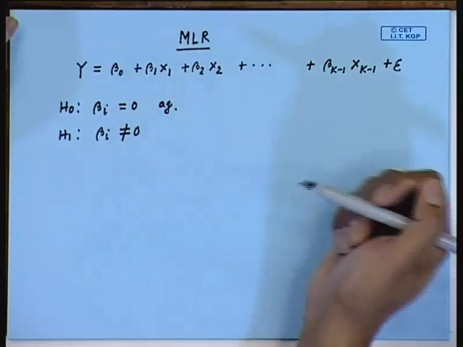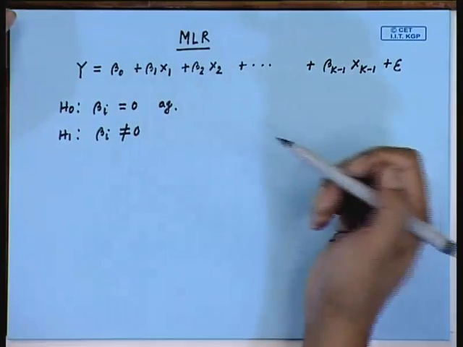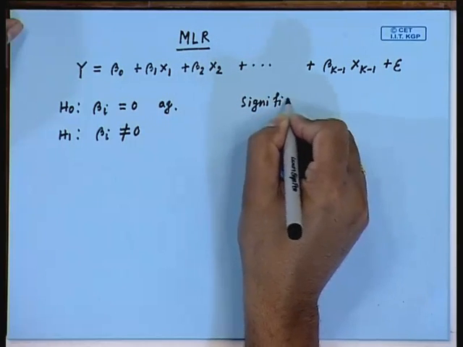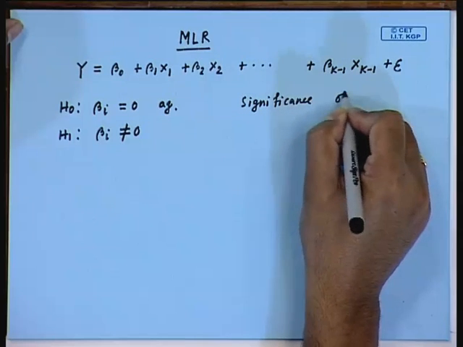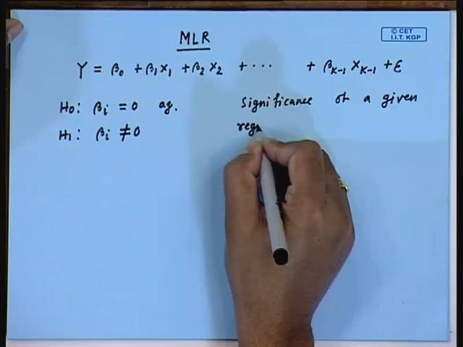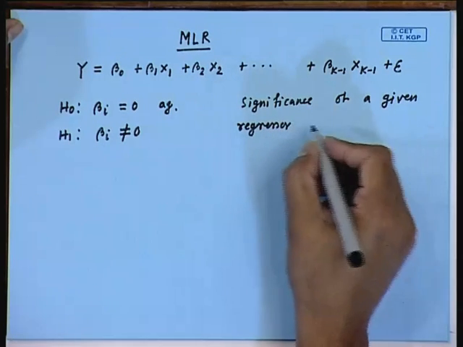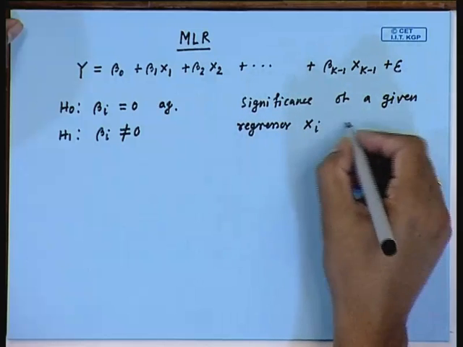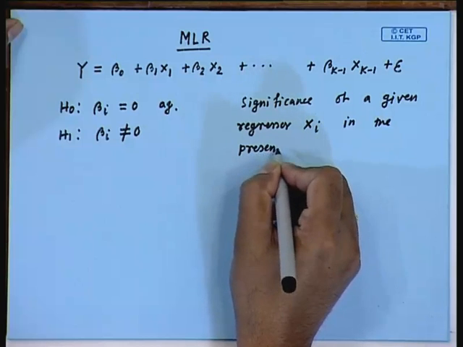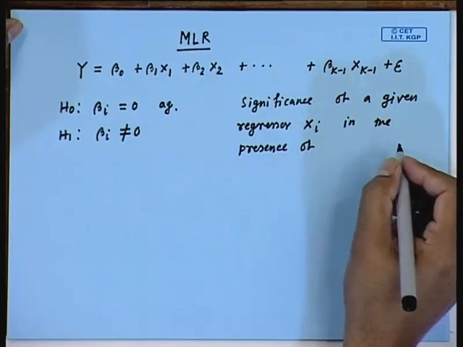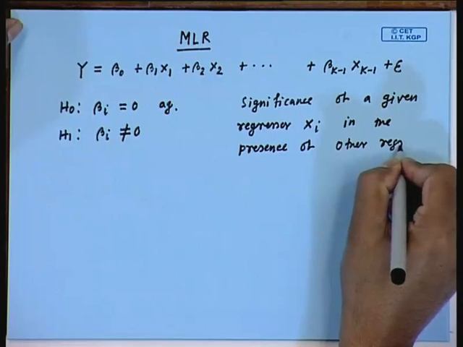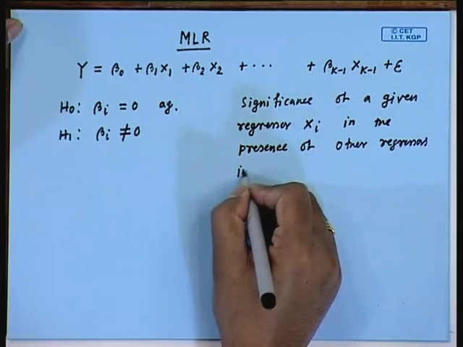By testing this hypothesis, we test the significance of a given regressor x i in the presence of other regressors in the model.